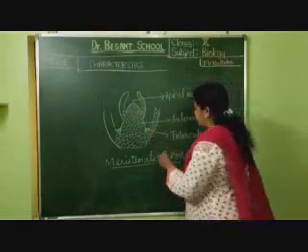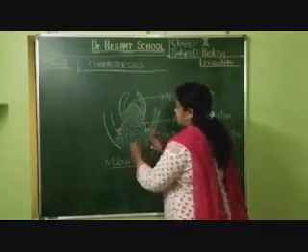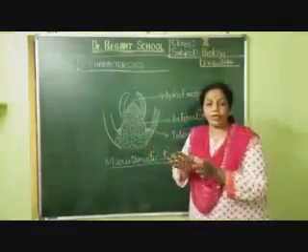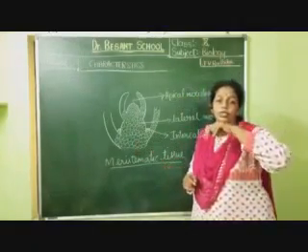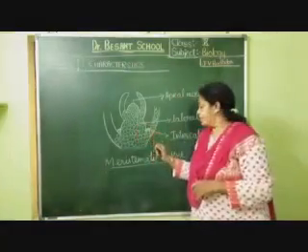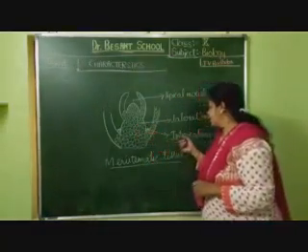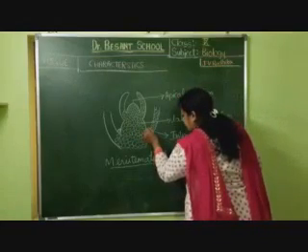Then here you can see this part is wider. As the plant grows, the lower part becomes wider and wider, because I told that there is a ring of meristematic tissue in the stem. That region is the lateral meristem. And the third type is the intercalary meristem, which can be seen here.